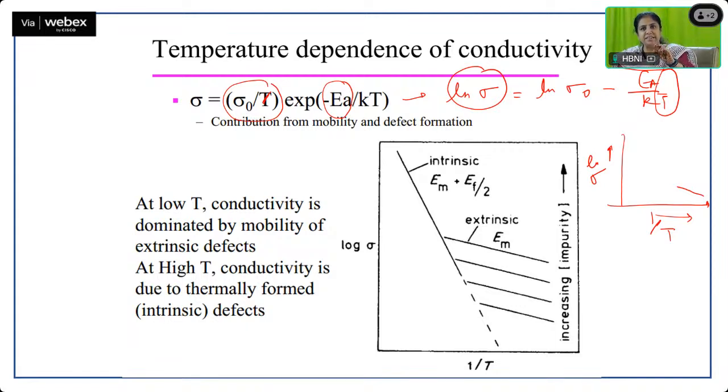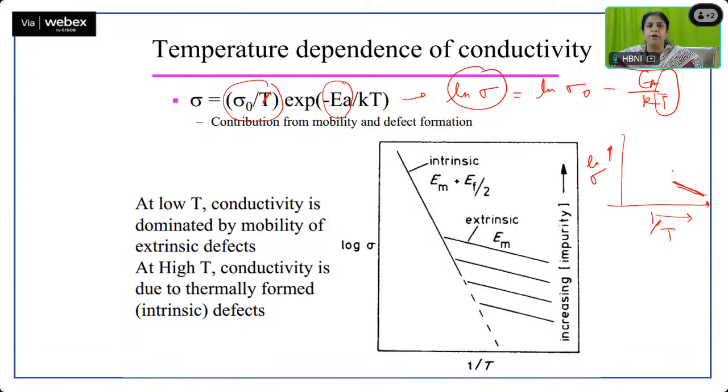Because your intrinsic defects are very small, they become substantial only at high temperature. The slope represents the activation energy required only for the movement of charge, because the vacancies are already there. I have doped calcium, I have created defects.